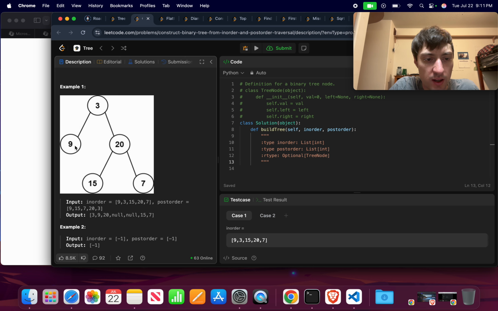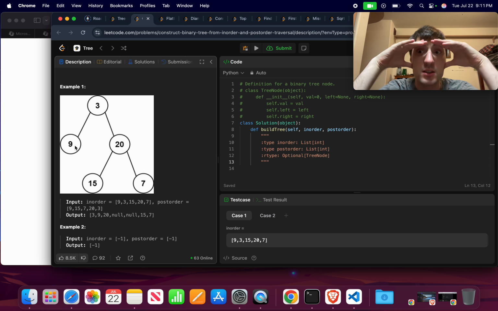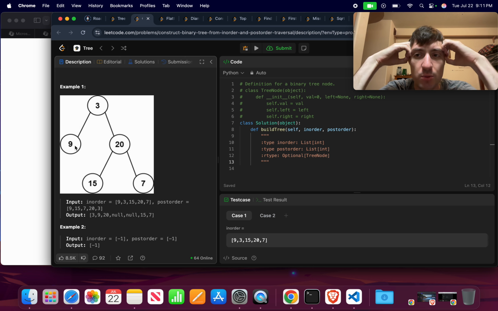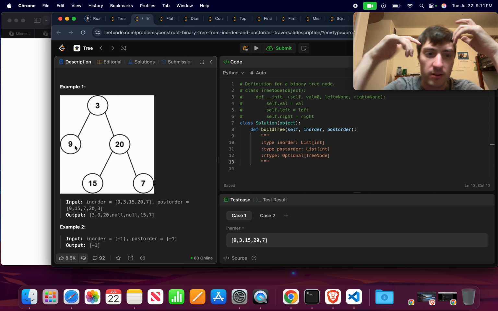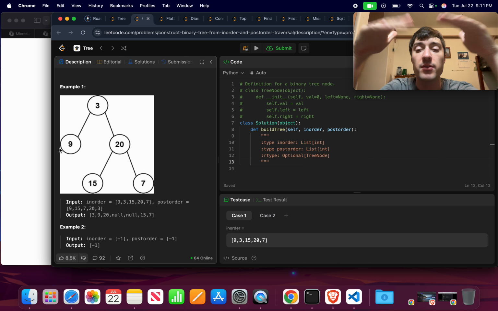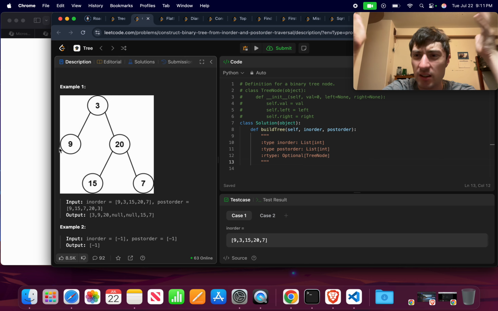Postorder is here. So I have the 9. Okay, this has to be a different problem because I remember distinctly the other one, it would always give you the head. And that is pre-order, right? So in this one, you always have pre-order here. So you process it and you know, oh, there's my head, right? And then based off that, you can look at where it's splitting.